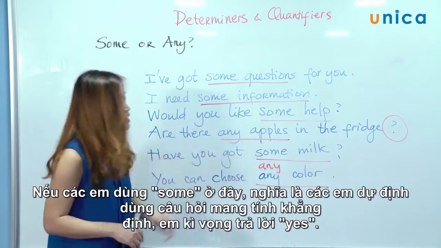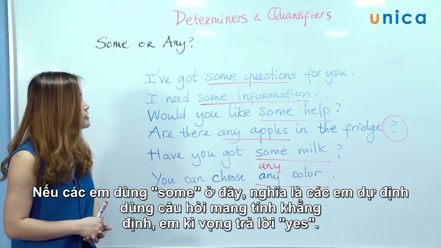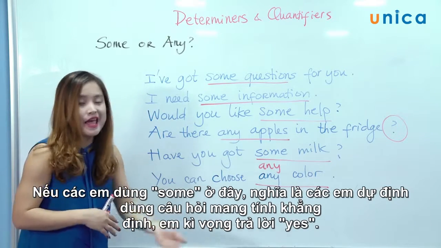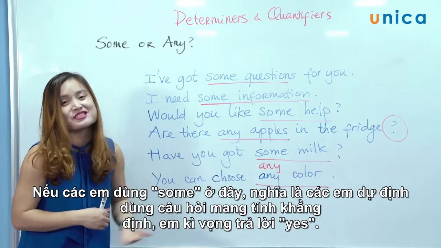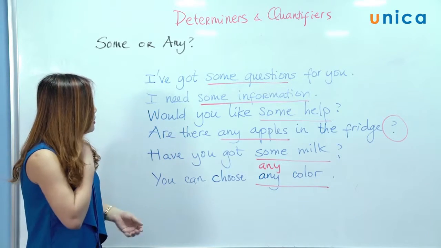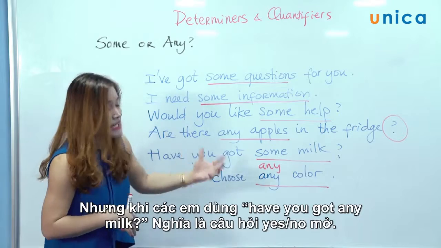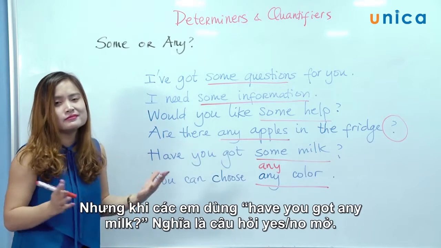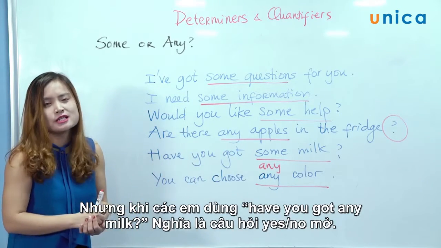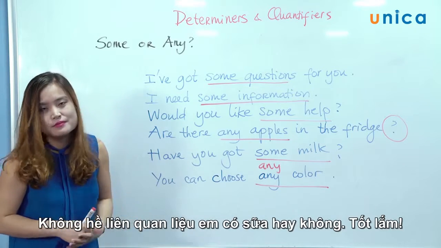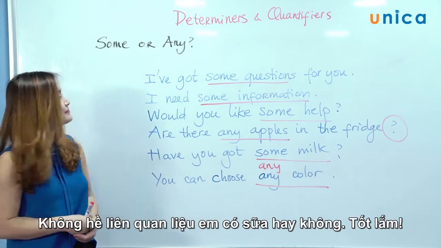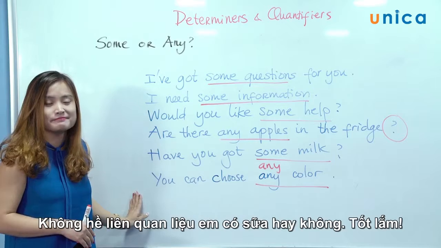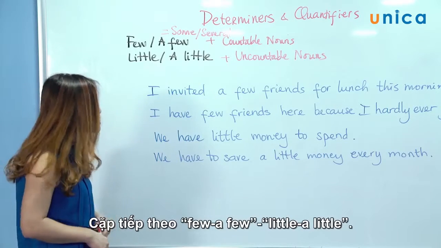If you use some here, that means you expect a positive answer. You expect a yes answer. But you can use, have you got any milk? That means this is an open yes-no question. It doesn't matter whether you have milk or not. Right? That's great. Right, so let's move on to the next pairs.